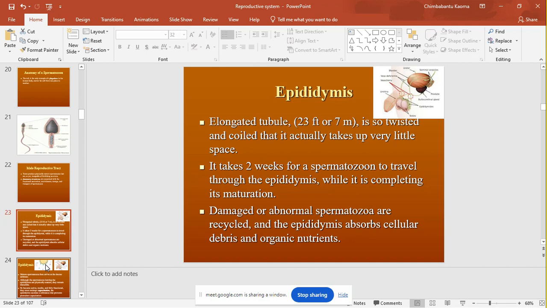As they do, they will be undergoing maturation. But another important purpose of the epididymis is that it will remove or destroy any damaged or abnormal spermatozoa, and the components of which will be recycled for making new spermatozoa in the seminiferous tubules.